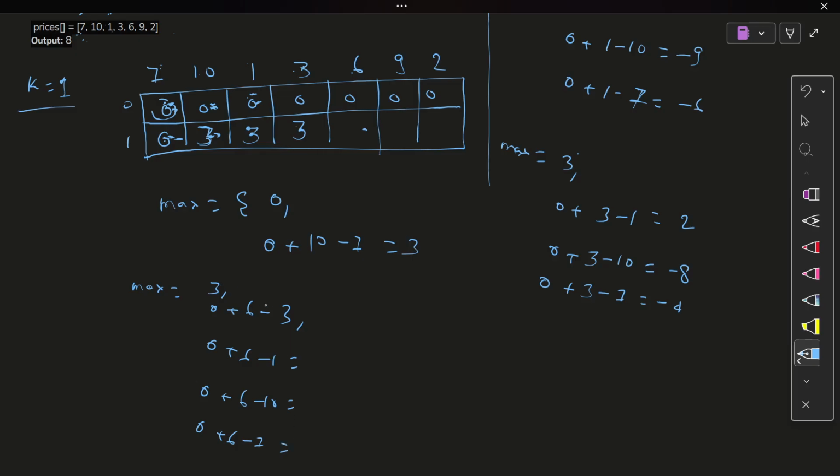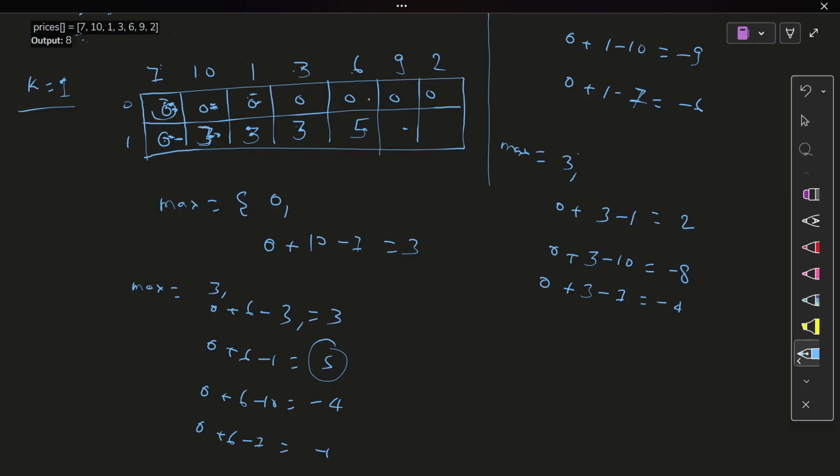Which one is maximum? 6 minus 3 is 3, 6 minus 1 is 5, 6 minus 10 is minus 4, 6 minus 7 is minus 1. Which one is maximum? 5 is maximum.